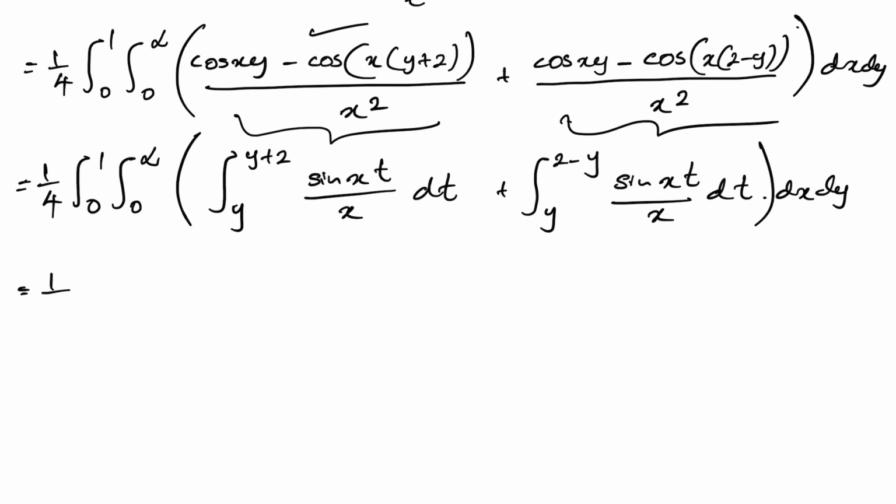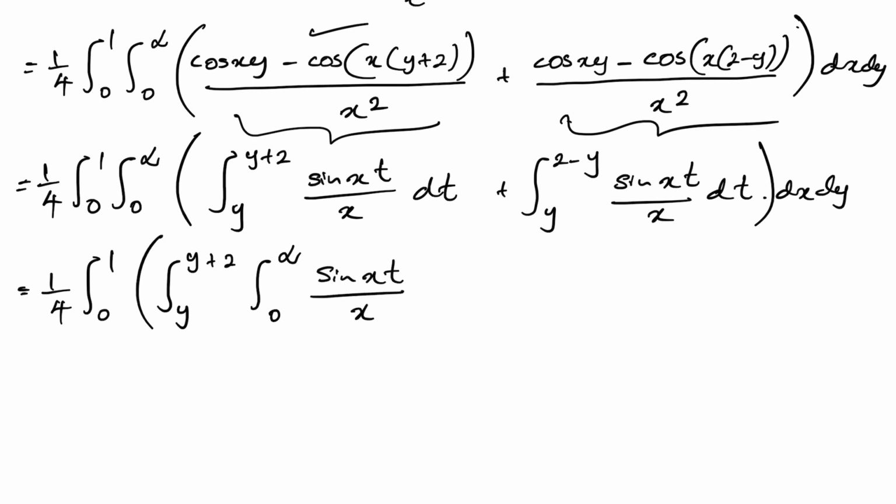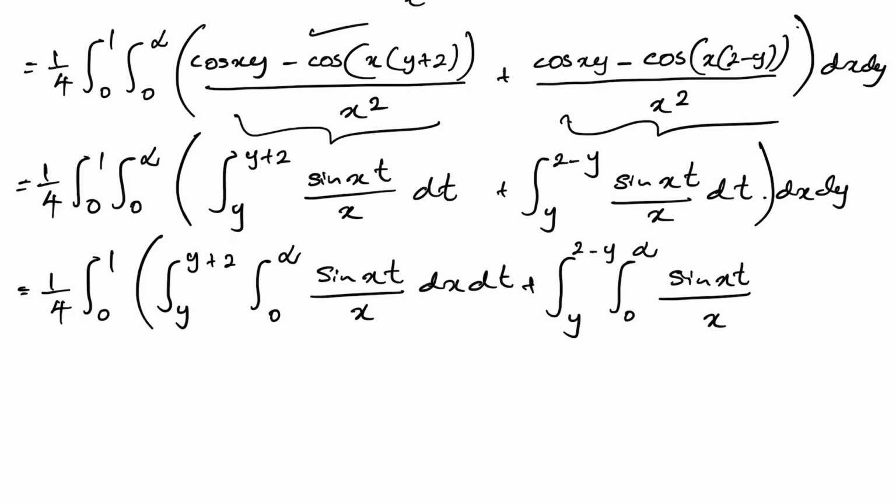So we have 1 over 4 integral from 0 to 1, then the integral from y to y plus 2 of the integral from 0 to infinity of sine of xt over x dx dt, plus the integral from y to 2 minus y of the integral from 0 to infinity of sine of xt over x dx dt, then dy.